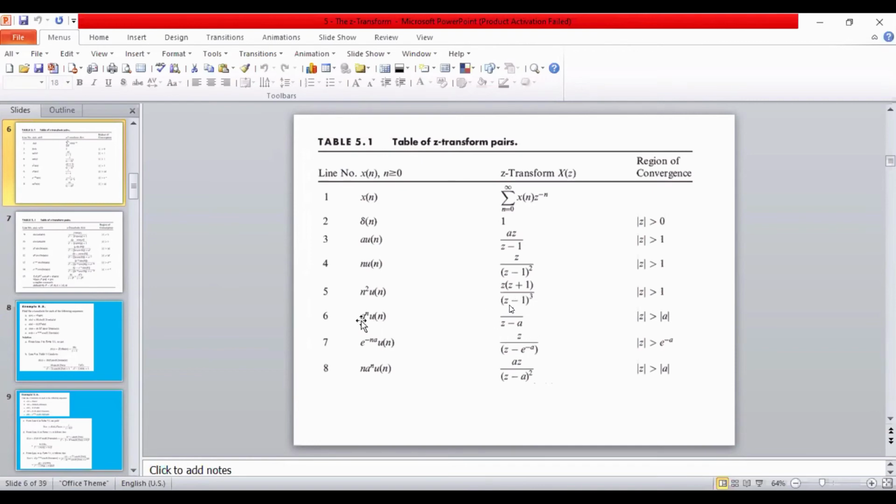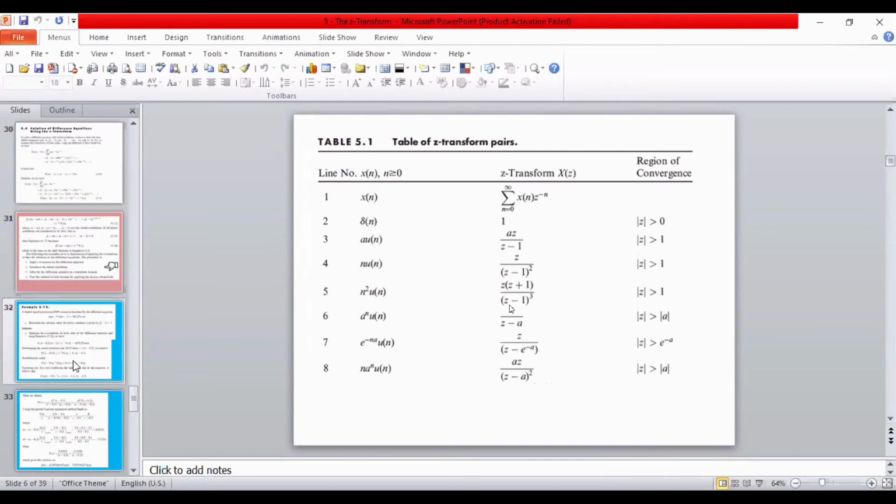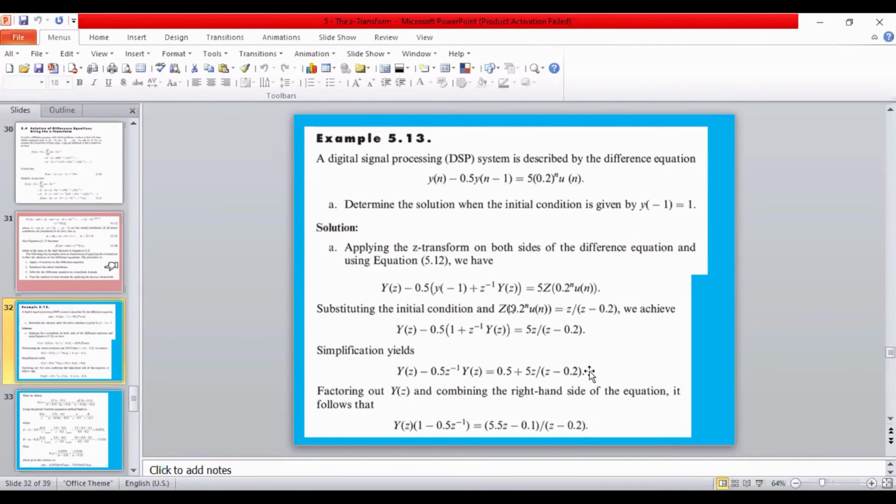So A is 0.2 in our case, right? So we change this thing in the brackets to Z divided by Z minus 0.2. And don't forget that you still need to multiply it by the constant, which was 5 here, right? So we transformed the right-hand side.